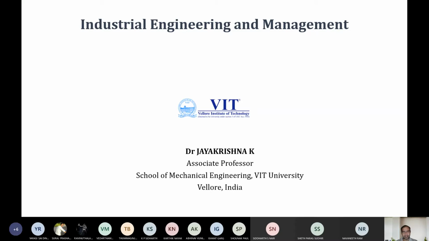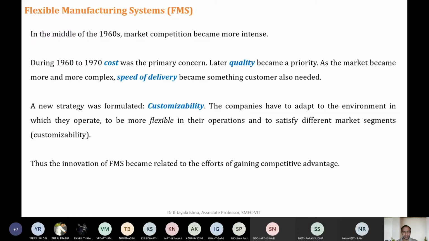So, as an extension of the sixth module, in today's class we will be discussing a concept called flexible manufacturing system. So what is this flexible manufacturing system? In 1960, a few years after World War II, the real industrial revolution, what we call the third industrial revolution, really picked up very well.